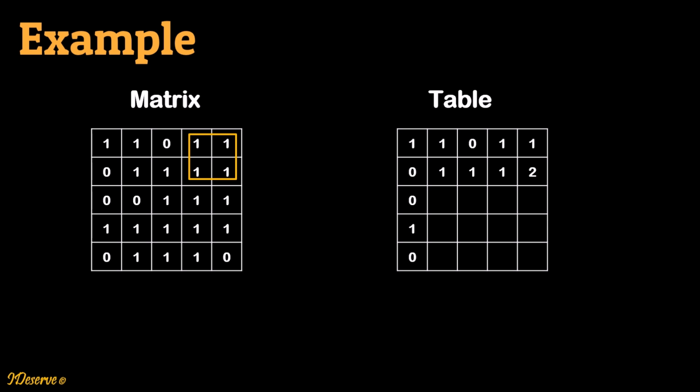Let's move on to calculate value of next entry. Here matrix 2 1 is 0, so table 2 1 will also be 0, because there cannot be a square submatrix having all ones that includes this cell. In a similar manner, we will calculate values of all other subsequent entries.